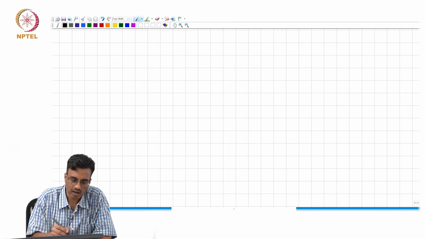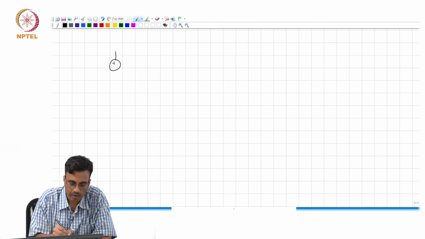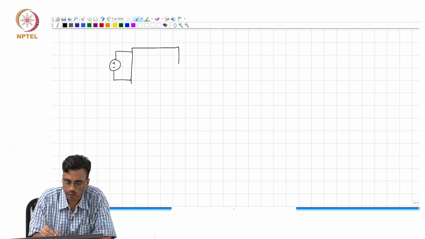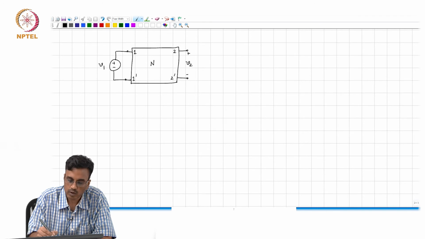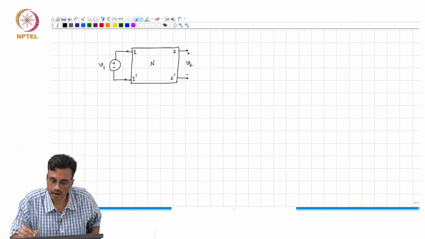You can work this out at home, but a similar thing happens when you have a voltage input. So, this is V1 and this is V2.